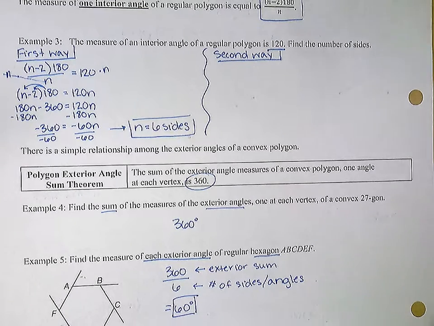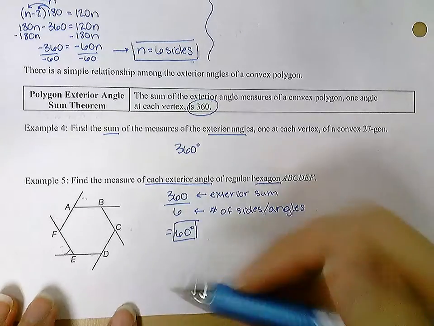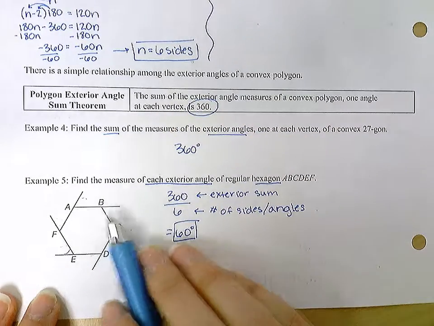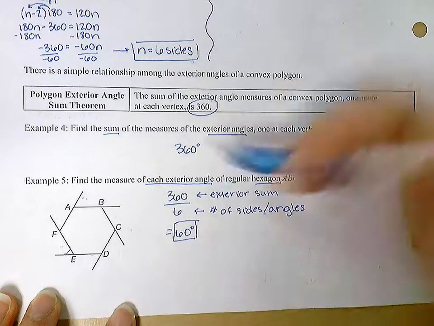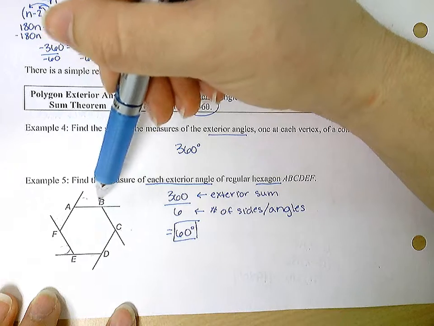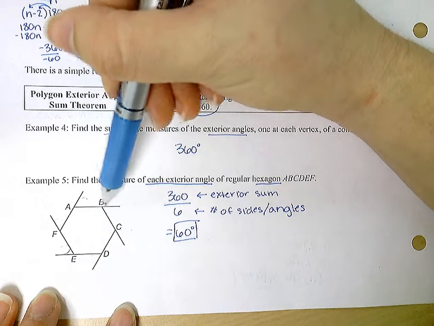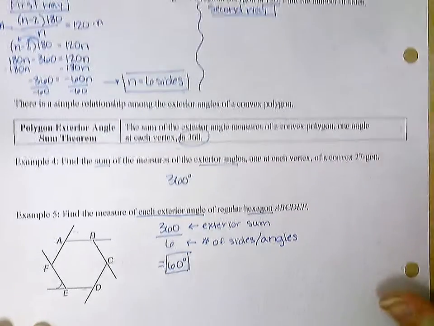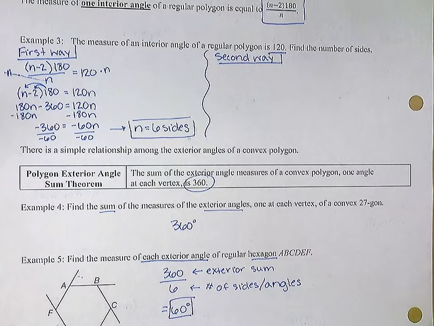So if you look back down at this picture here on the bottom, your interior angle, if I look at angle B here, and your exterior angle form a straight line. Your exterior angle isn't that whole angle there. It has to form a straight line with your interior angle. So since they form that straight line, both of them together have to add to 180.